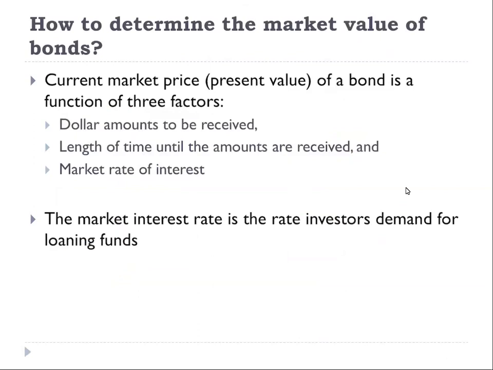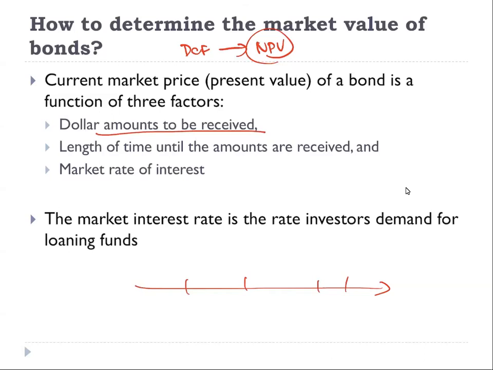And how do we determine the market value of a bond? This is basically the DCF approach to calculate the net present value of the bond. We use the dollar amount to be received, so the bond's future cash flow, and when those cash flows are going to happen. Suppose the bond is going to mature in 3 years.